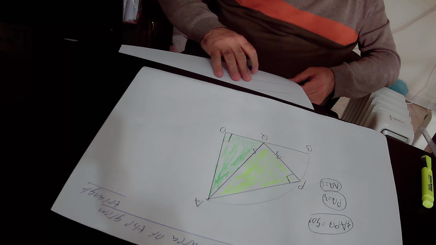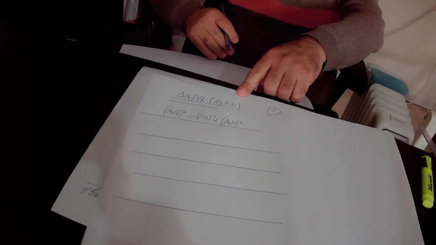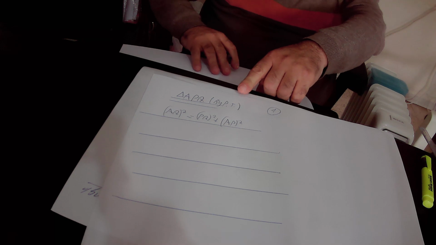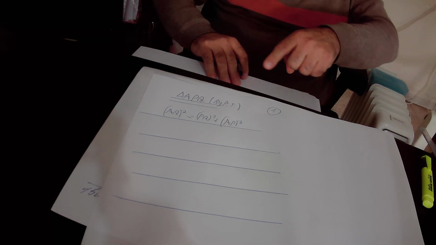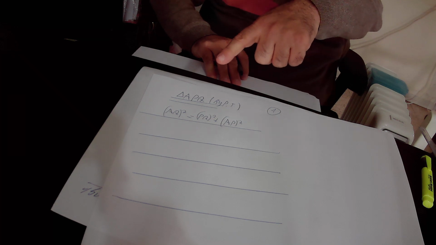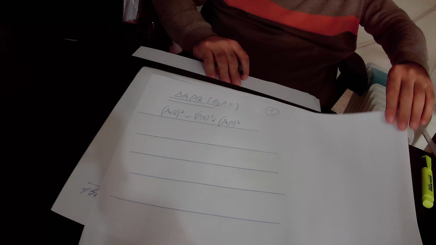Repeat again, according to the Pythagoras theorem, here PT is the abbreviation for Pythagoras theorem. In the right triangle APQ, AQ square equals PQ square plus AP square.